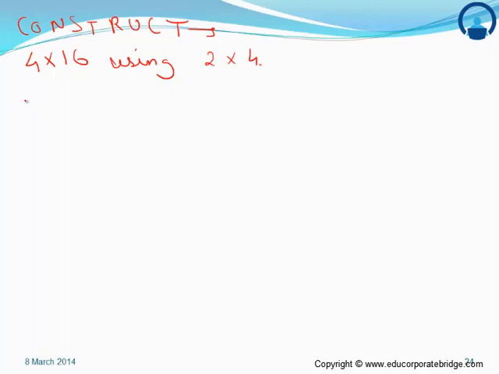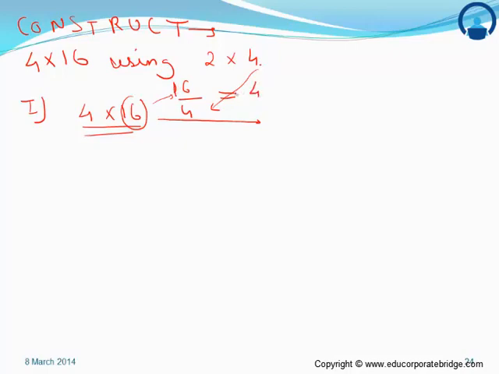Okay, so step number 1, write the 4 cross 16 decoder which is to be constructed. We divide this 16 by 4. So 16 divided by 4 gives 4. Since this 4 is equal to 4, we can again divide this 4 by the same 4. 4 divided by 4 gives 1.